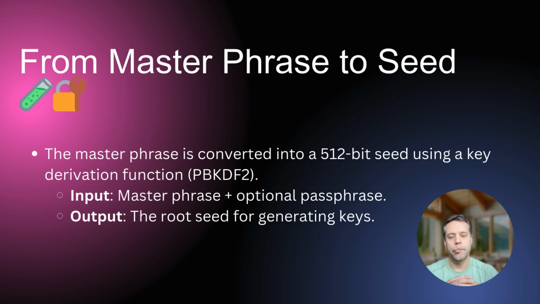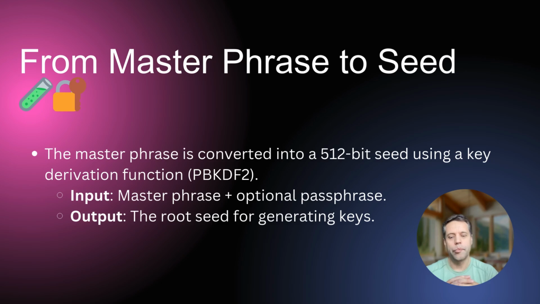But if you ever forget that word or lose it or store it in the same way as your original master phrase, then there is a risk for that as well. So if you forget that word, obviously you're not going to be able to recover your wallets. So it's better that you don't lose the private keys and transfer the funds out of that wallet first before destroying that wallet.